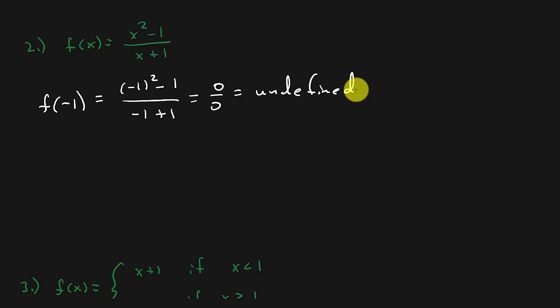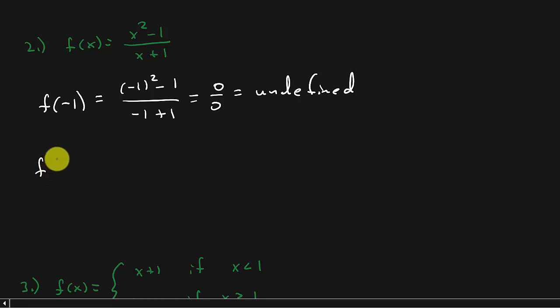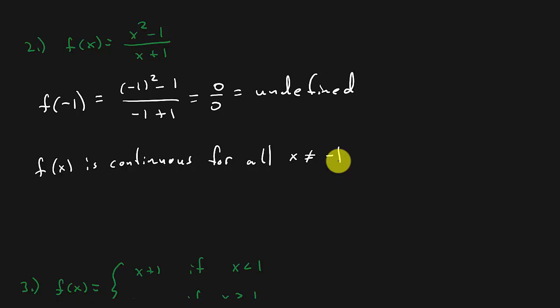Okay? So we can say f of x is continuous for all x not equal to -1. It doesn't matter what the numerator is. The numerator can be 0. It's just that the denominator can't.